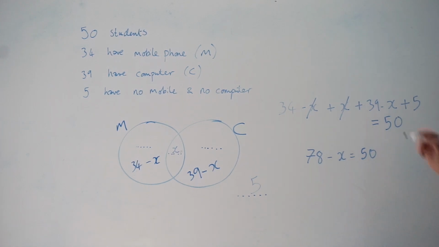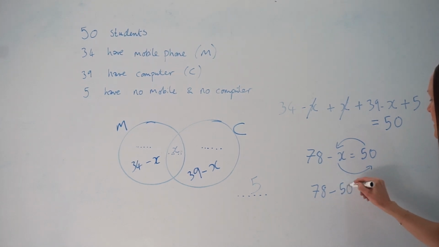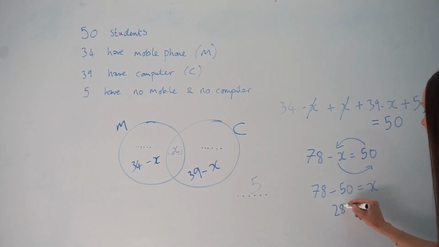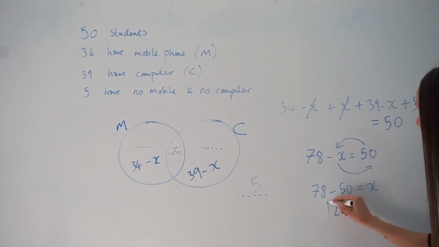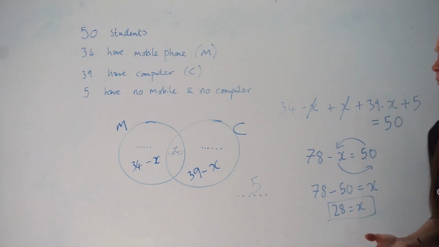Then maybe you can just see what the value of x is, but if you're not sure what it is, I'm going to move the x term over to the right and the 50 over to the left so that I have 78 take away 50 is equal to x. So if I subtract 50 from 78, I get 28. So x is 28, and remember x is the intersection. So 28 students own both a mobile phone and a computer.